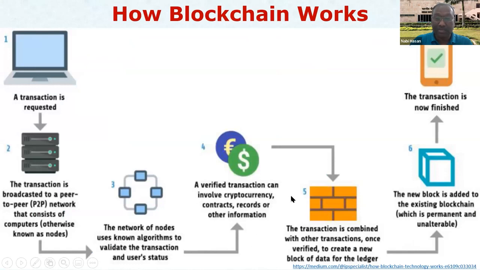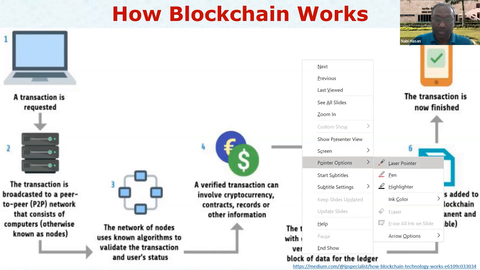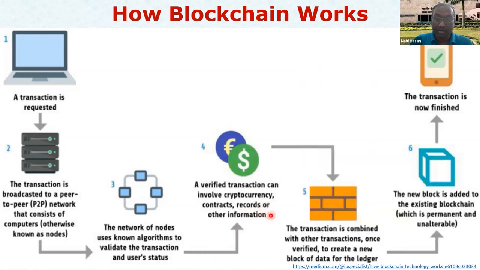A verified transaction can involve cryptocurrency, contracts, records, or other information. Once verified, the transaction is combined with other transactions to create a new block of data for the ledger. The new block is added to the existing blockchain, which is permanent and unalterable, and the transaction is now finished. This is how the blockchain works.